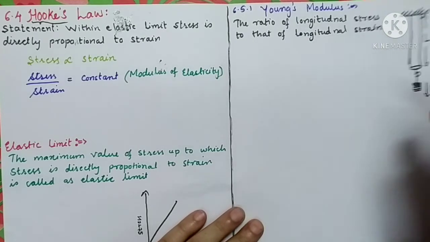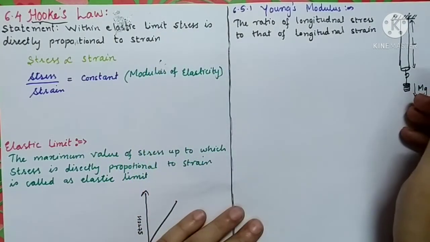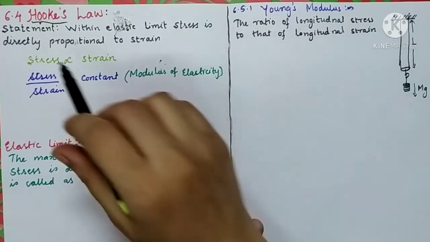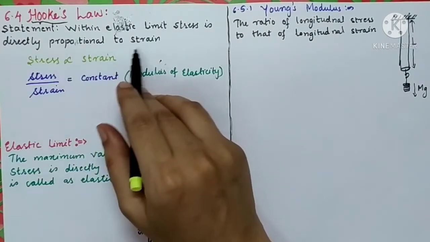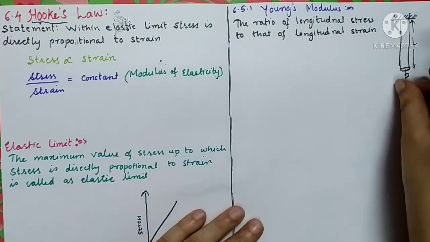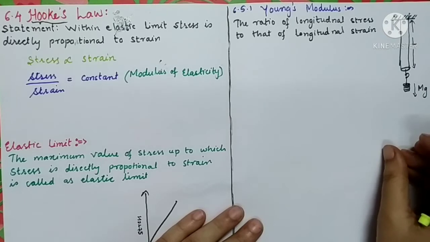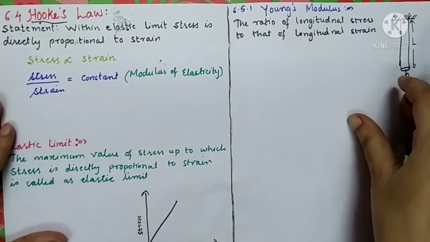So the law states that within the elastic limit, meaning before the wire breaks, stress is directly proportional to strain. As stress increases, elongation will go on increasing, so you can say that as stress increases, strain will also increase.